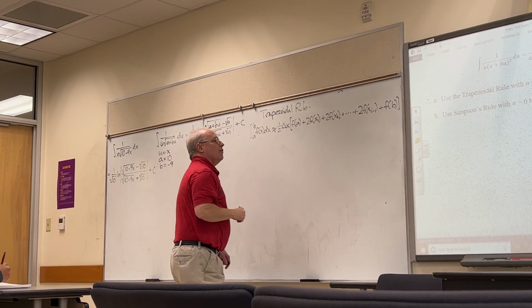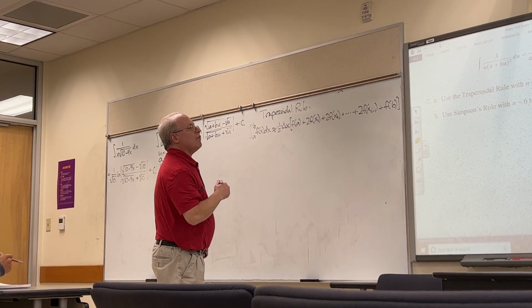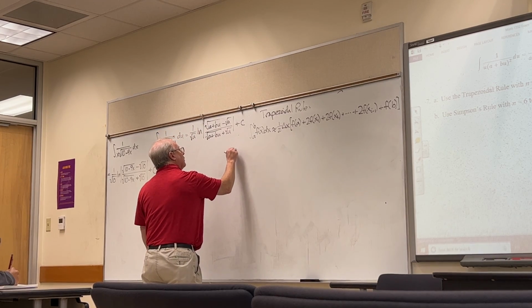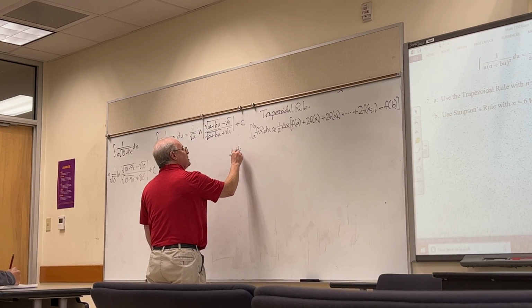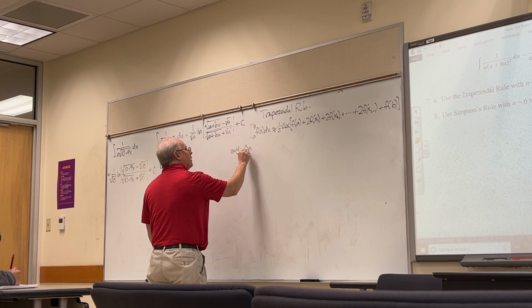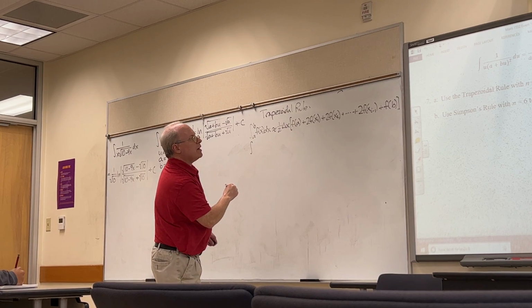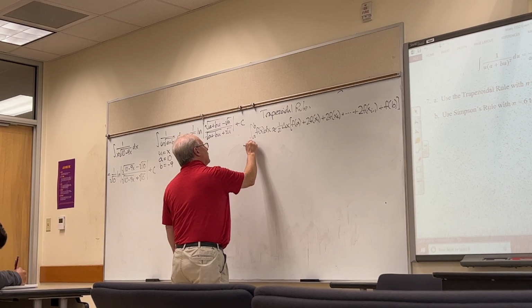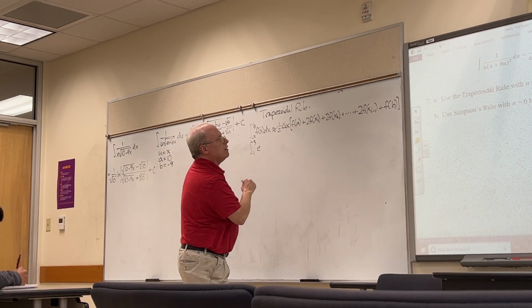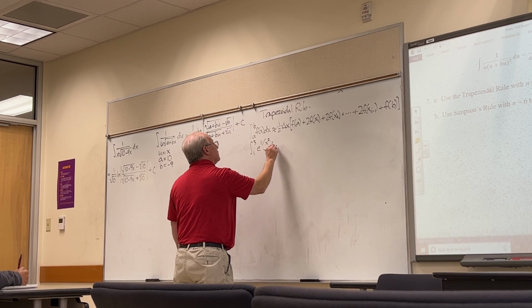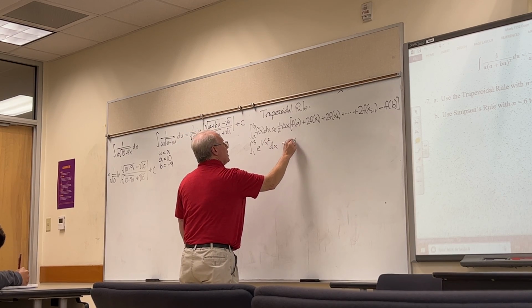All right, so for this one, you're asked to evaluate the integral between 1 and 3 of e to the 1 over x squared dx using n equal to 4.